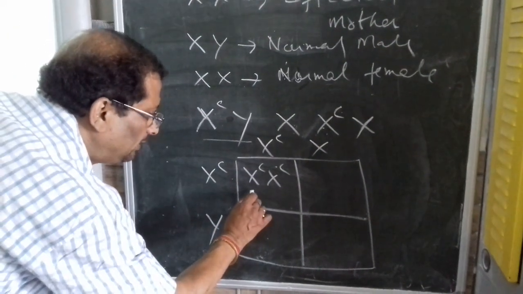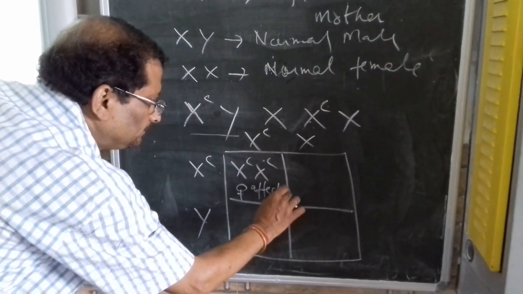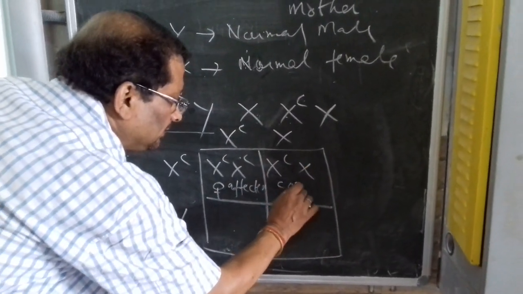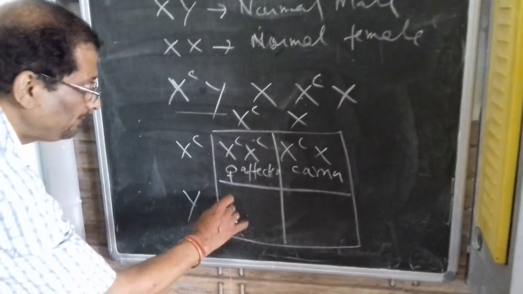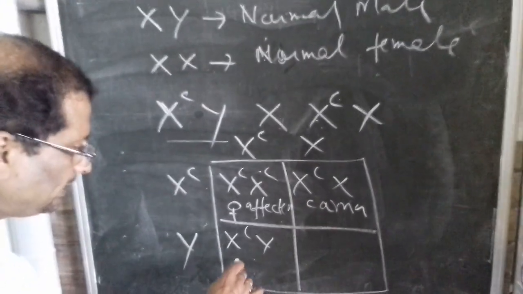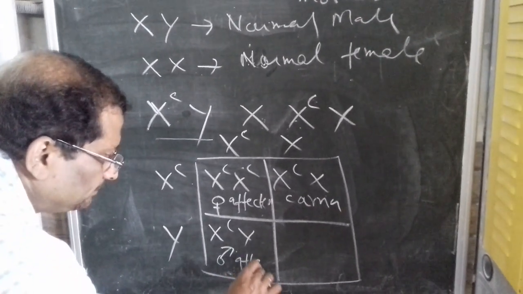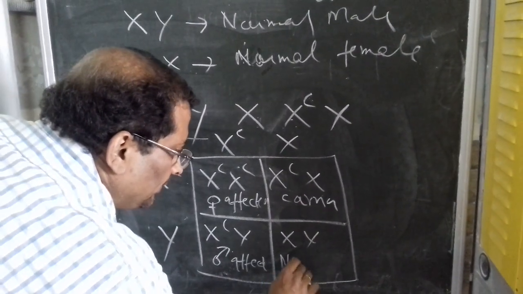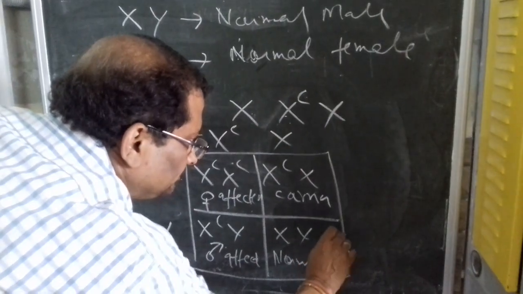This will be a female affected, XCXC. This will be a carrier because one of the X is normal. XCY, this will be a male affected, and this is XY, normal male.